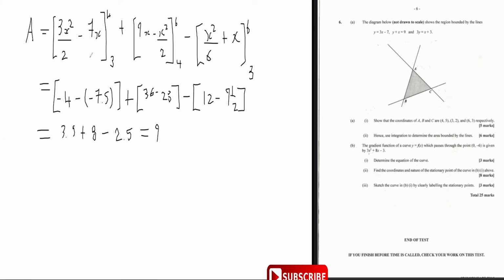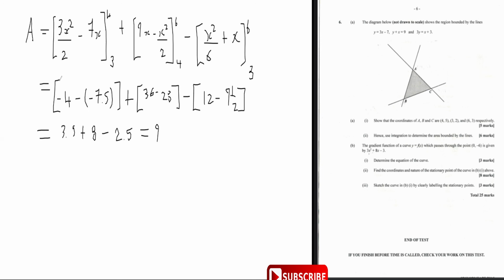Just want to check again. 4 here is 12. 12 times 3, 36. 36 over 2, 18. 4 here is 28. 3 times 4 squared divided by 2 minus 7 times 4. That's minus 4. This is fine.